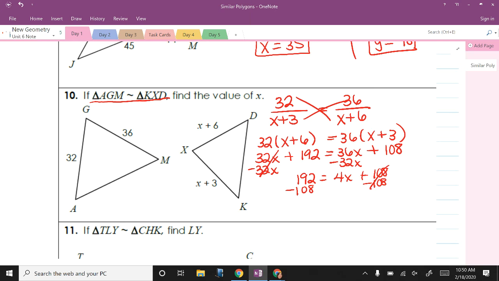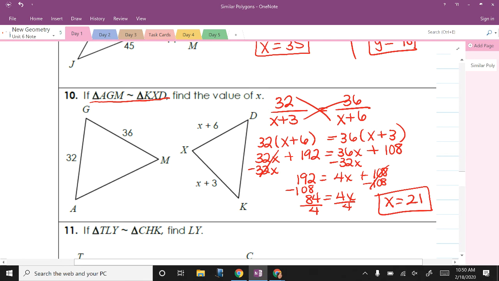Huh? It's 84? Okay, my notes, I was dyslexic. Divide by 4. And x is what? 21. So on that one, the only difference is when you have pluses and minuses, you've got to distribute when you cross multiply. All right.